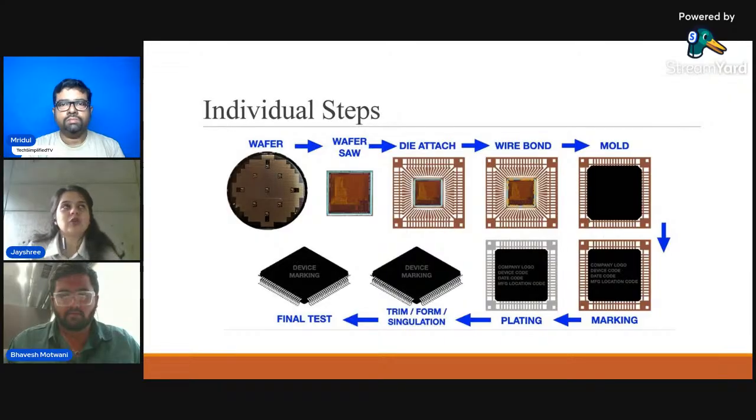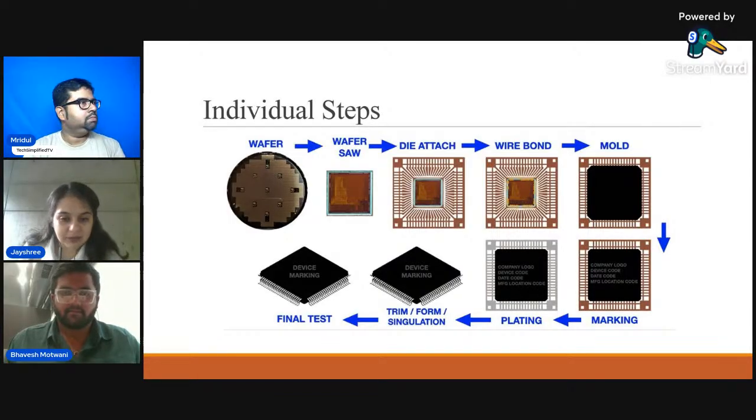And then marking. Marking is a kind of naming, providing the names of the individual companies, or who created the device, with the logo and everything. And then plating. The word plating itself defines it: we enhance the surface conductivity and provide protection from corrosion, specifically so that when it comes into contact with other materials in the surroundings, it doesn't get affected.